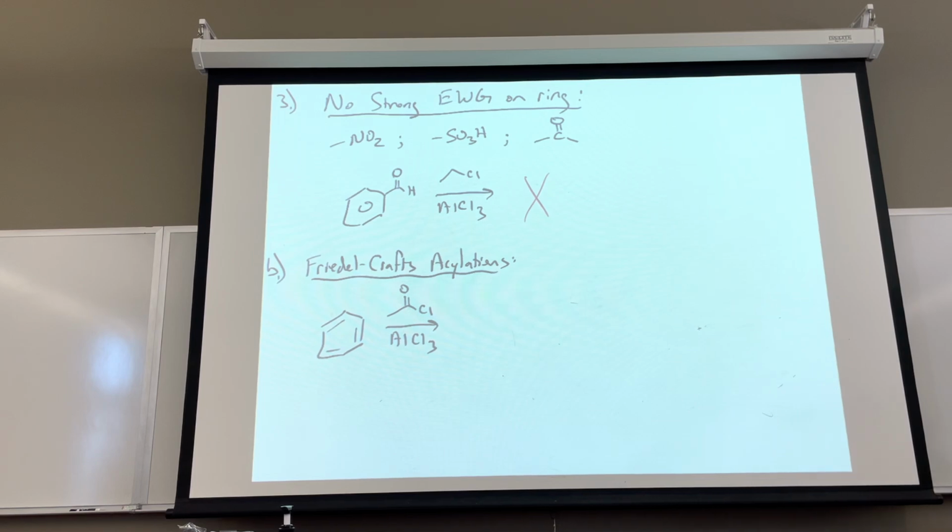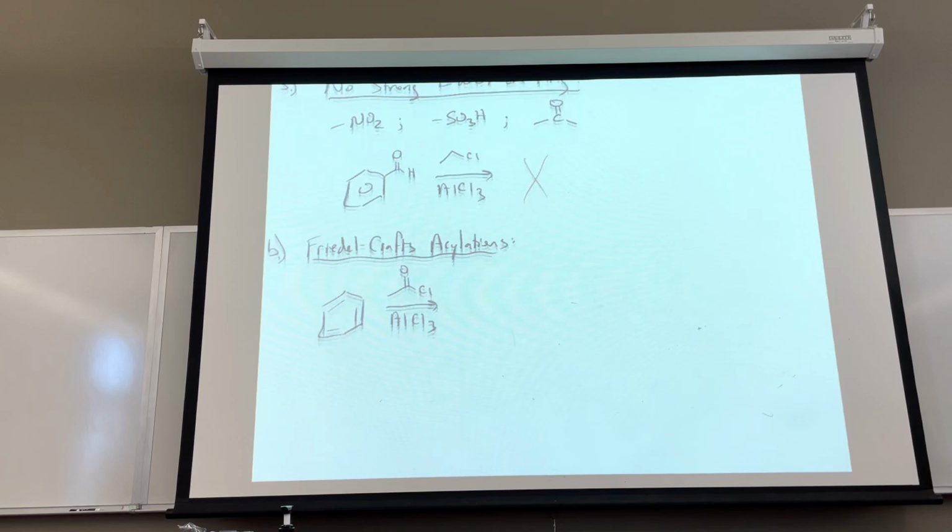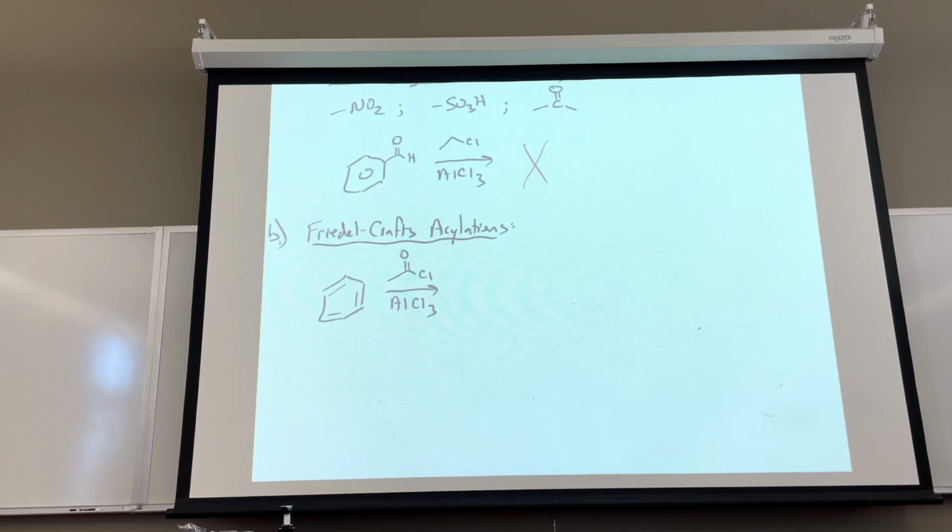Mechanistically, it's pretty much the exact same though. The point of the Lewis acid is to pluck the halogen off. And if we do that with these acyl groups, we end up with something that looks like this.